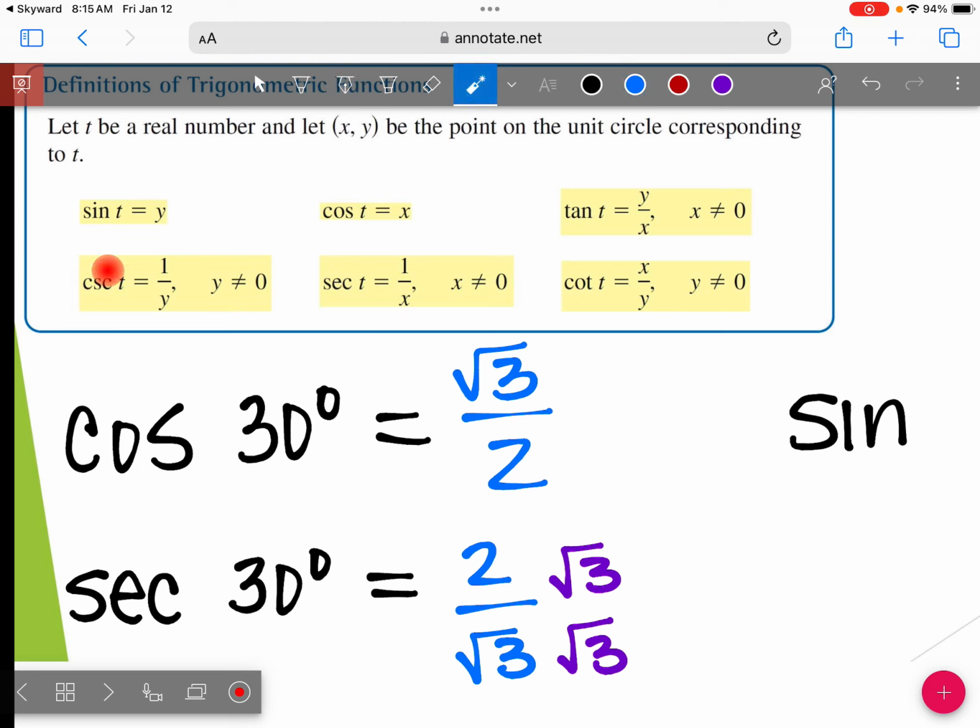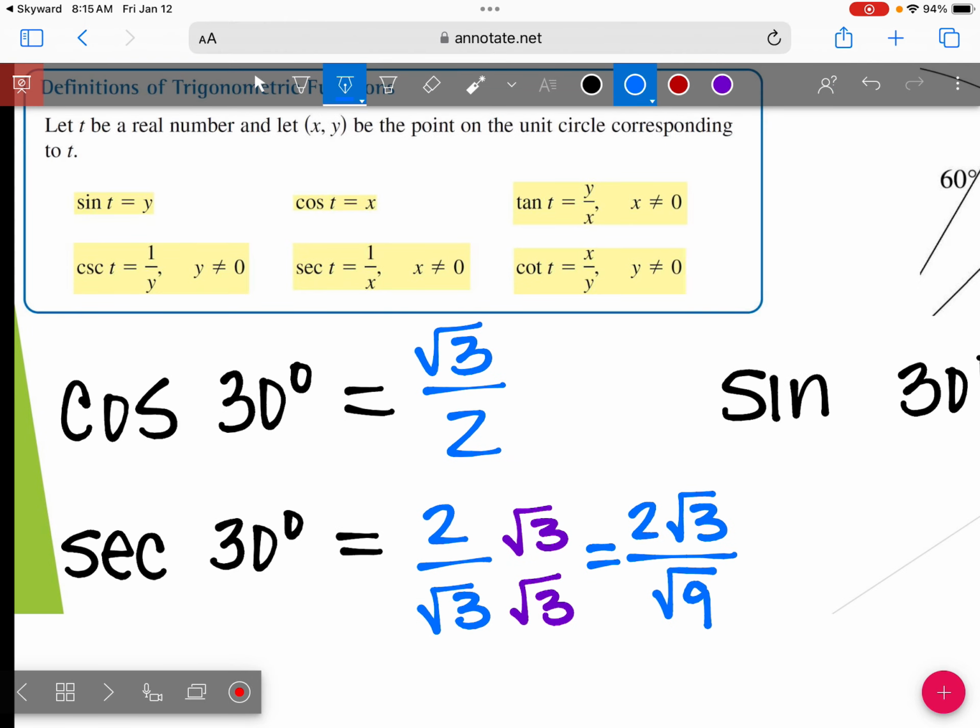So right here in this box, you already glued this down, but you might want to write: cosecant is the reciprocal of sine. Secant is the reciprocal of cosine. And you all know what I mean when I say reciprocal, right? That means you just flip it. So I flipped the root 3 over 2. I got 2 over root 3. So this is going to give me 2 root 3 over the square root of 9, which is 2 root 3 over 3.